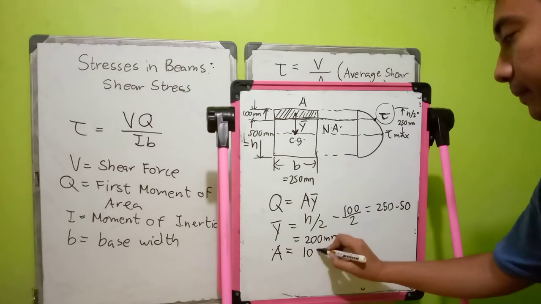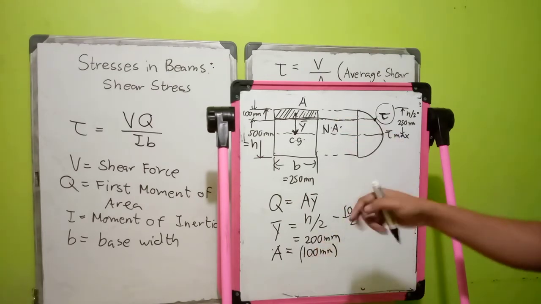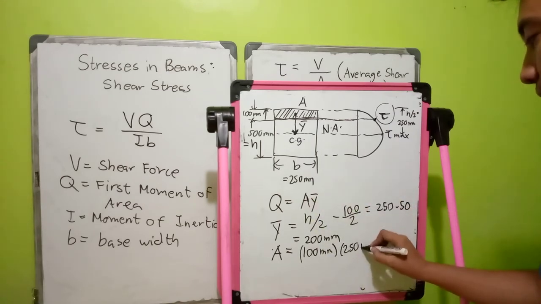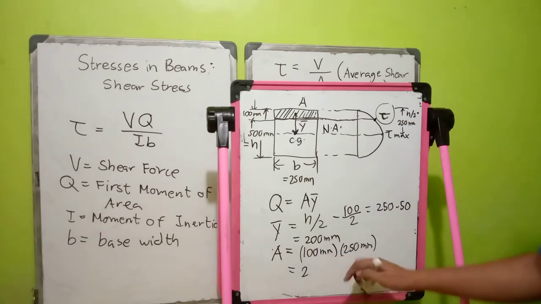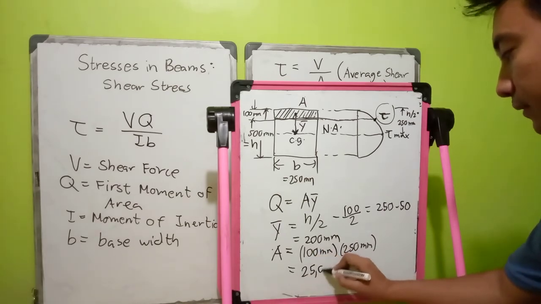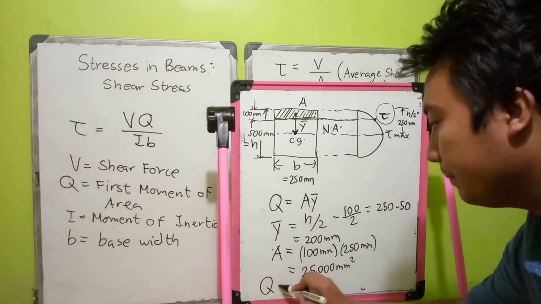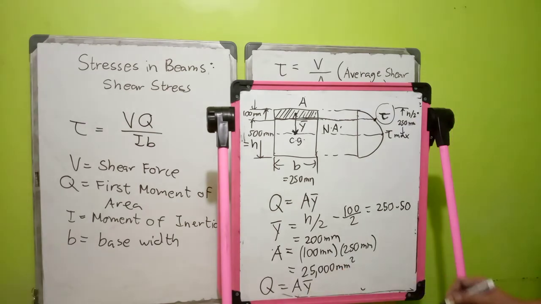The area is equivalent to 100 mm multiplied by the base, which is 250 mm. So you will get 25,000 mm squared. Now we can compute your first moment of area, which is equivalent to A times y bar.